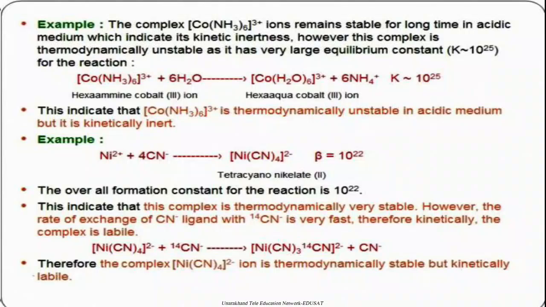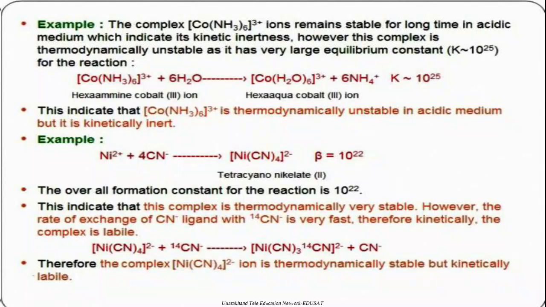Next example, nickel 2+ plus 4 CN forming the tetracyanonickelate(II) ion, where the stability constant beta is near about 10 to the power 22. It indicates that the overall formation constant of the reaction is 10 to the power 22.